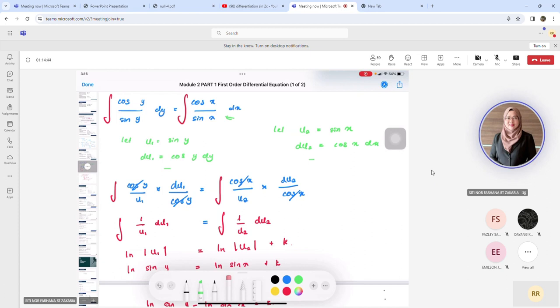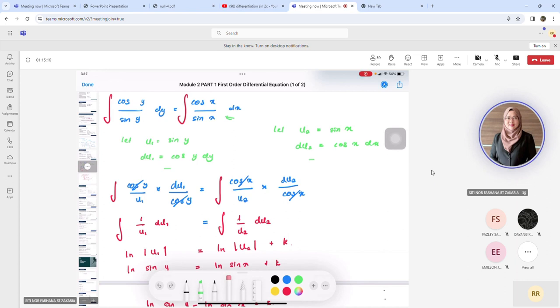So the method to solve this kind of integration is we replace sin or cos. You can choose either one to replace. Usually we replace the bottom one with a new variable. For this case, I choose u. You also can choose another alphabet. So I want to replace sin y with u1.